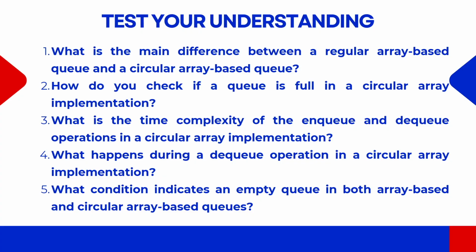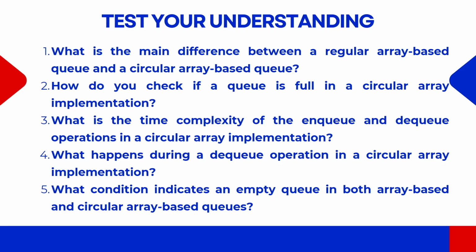We will create a new array, copy the elements to it, and then proceed with adding more elements to the queue. And what is the time complexity of NQ and DQ operations in a circular array implementation? With the circular array implementation, even during insertion and deletion, there is no shifting of elements. So, they take a constant amount of time, which is order of 1.